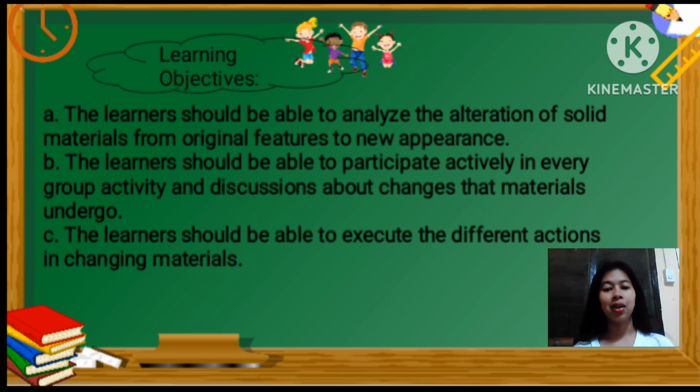Letter B, the learner should be able to participate actively in every group activity and discussions about changes that materials undergo. And the last, the learner should be able to execute the different actions in changing materials.